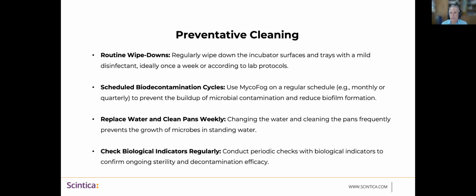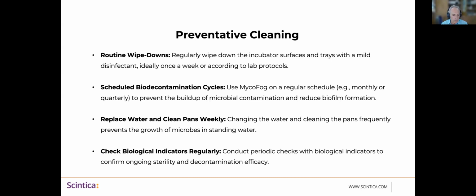As I mentioned, we like a mild soap and water for cleaning, and then a regularly scheduled biodecontamination using MycoFog. Of course, we're a little bit biased here. We like that methodology. It's really more efficacious than wiping, and that should be done on a monthly or quarterly basis.